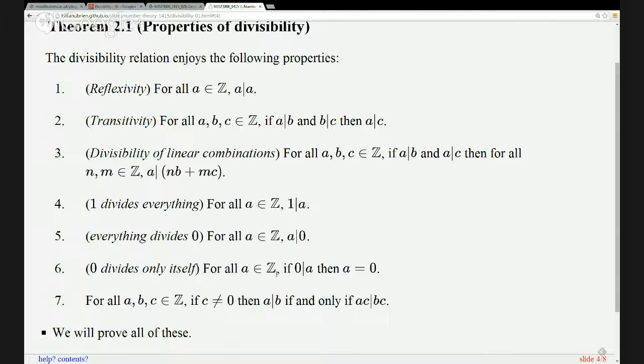I'm stepping up from the bottom here: if you had written C as A times something, then you could conclude A divides C.